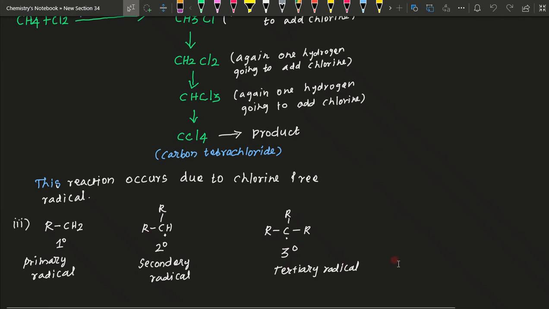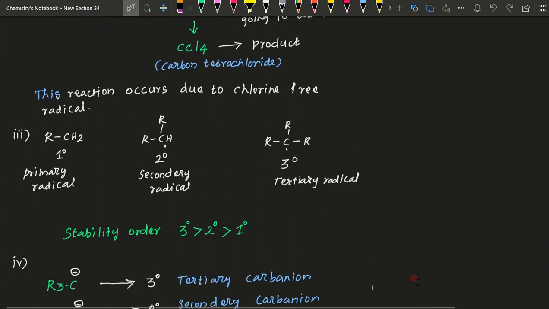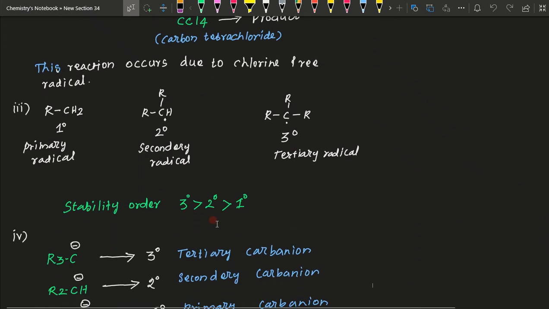This is the general trend for free radical stability order. 3 degree tertiary is more stable, 2 degree less stable, 1 degree very less stable. This is the stability order.